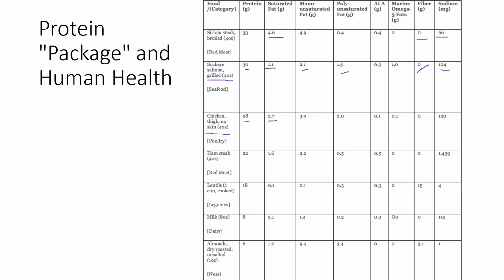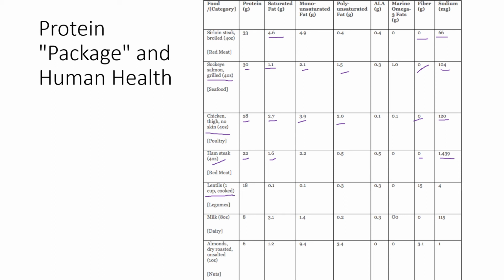2.7 grams of saturated fat, some monounsaturated, some polyunsaturated, no fiber, 120 milligrams of sodium. A 4-ounce ham: 22 grams of protein, 1.6 of saturated fat, no fiber, 1,439 milligrams of sodium.